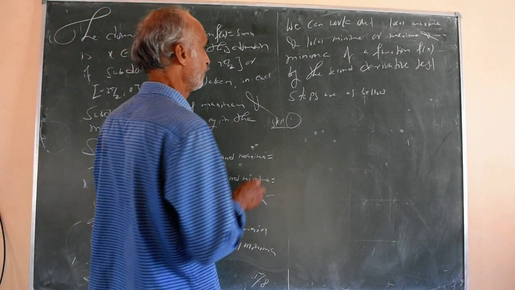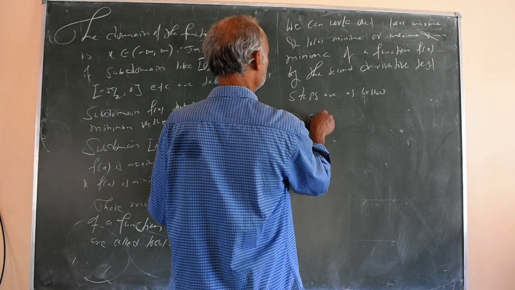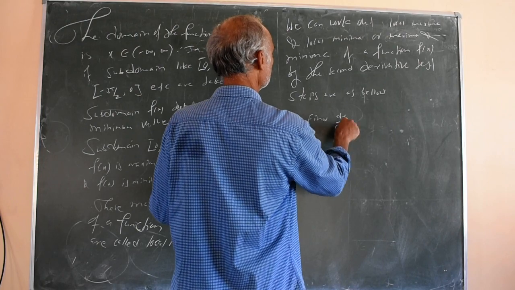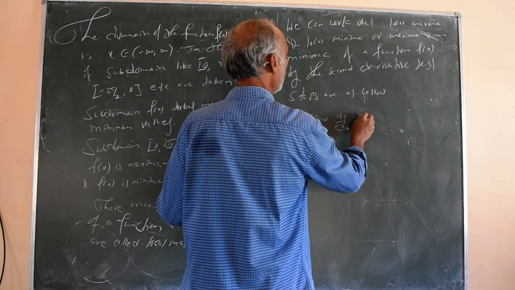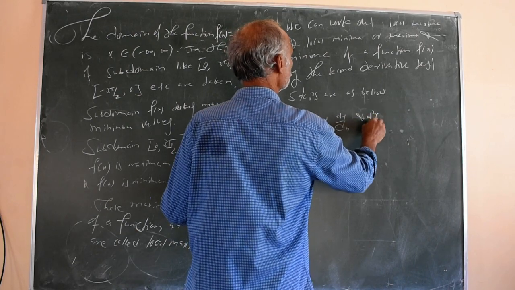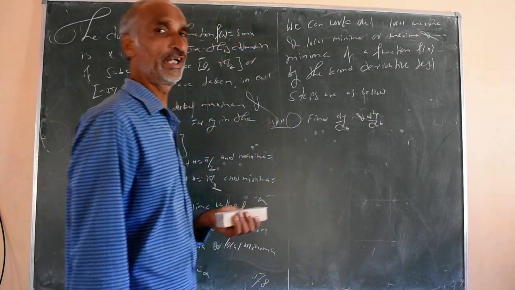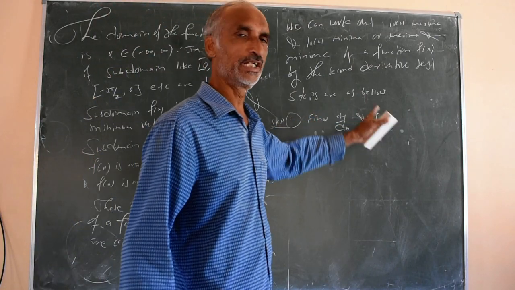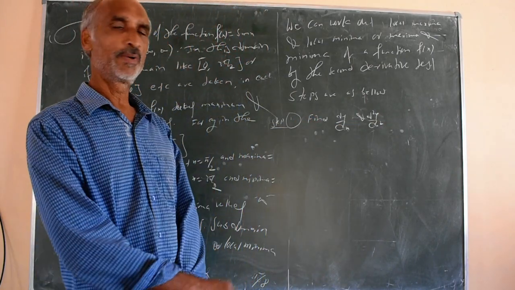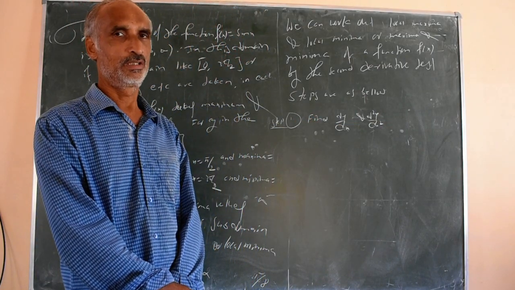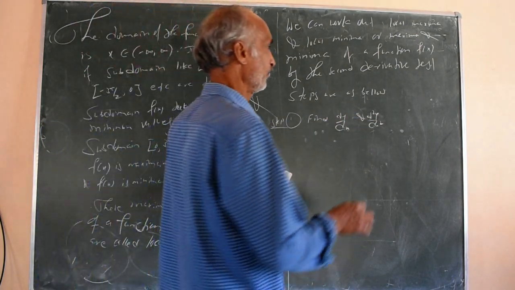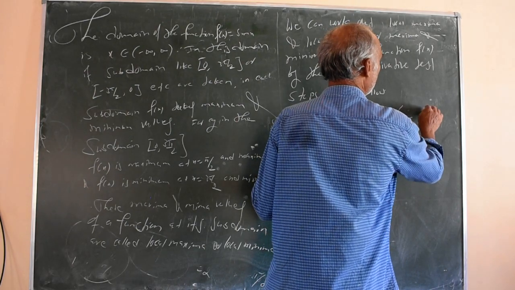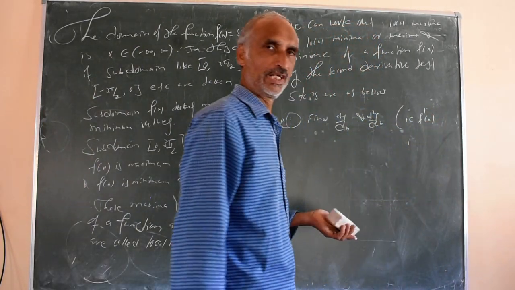Step 1, find dy by dx and d square y by dx square. There are no conditions. First derivative, second derivative. If y is f of x, then dy by dx is f dash of x, the first order derivative.